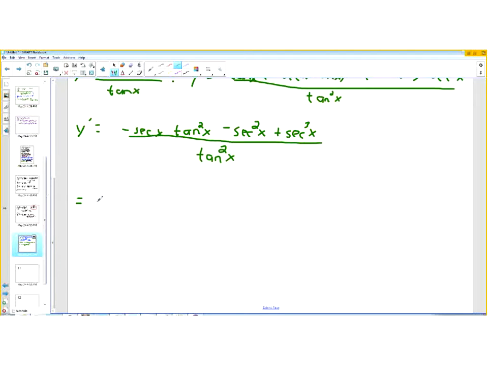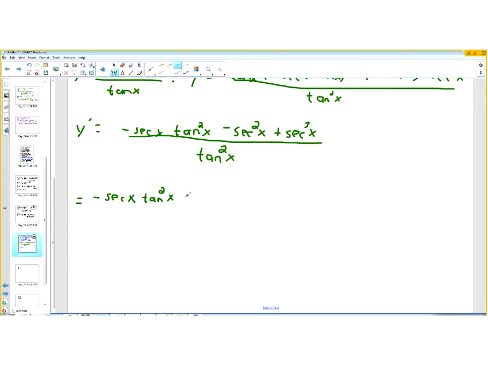So let's see, if we were to factor out a secant x in the numerator, we would have secant x times a negative tangent squared x. Let's see, is that the one? How about we try a different way. Leave the first term alone, minus secant x times tangent squared x.